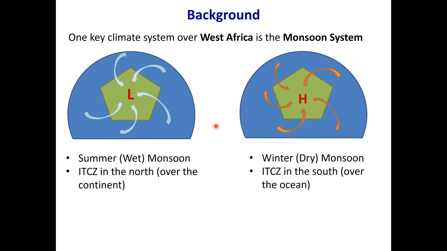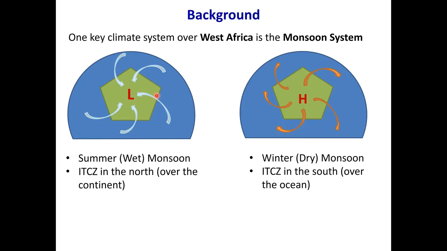Therefore, I decided to use these three processes or features that were mentioned earlier in the topic. In simple terms, the West African monsoon system can be seen as a land-sea breeze. I was told to make the presentation so simple so that people will understand.